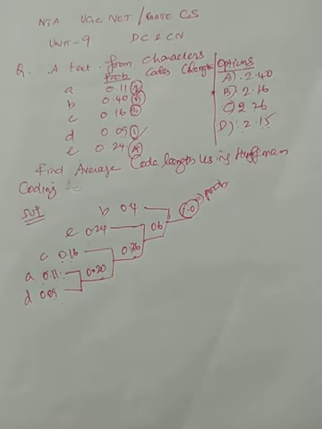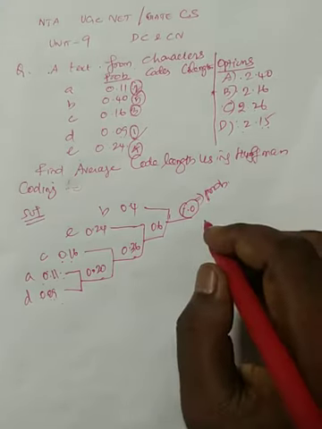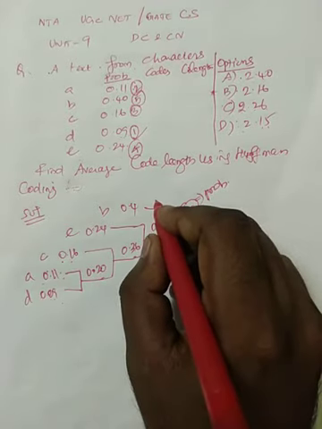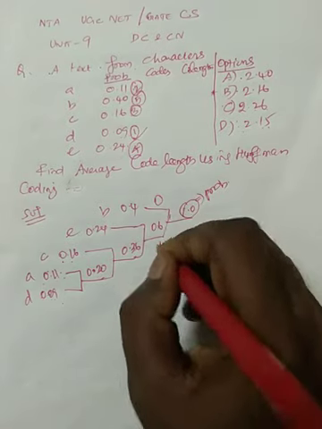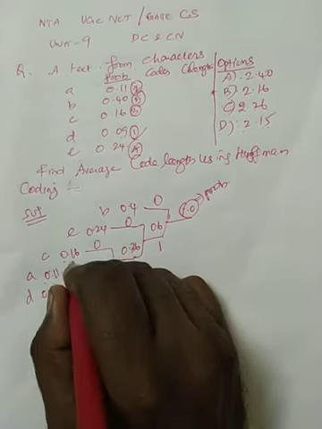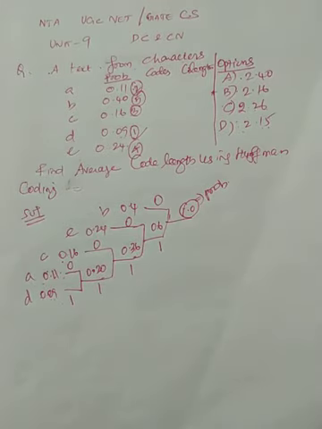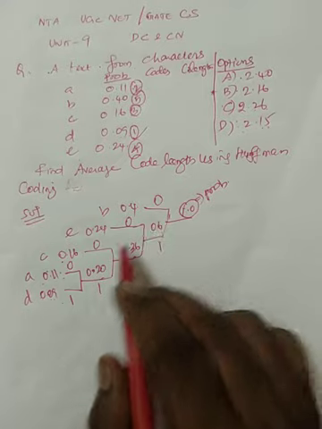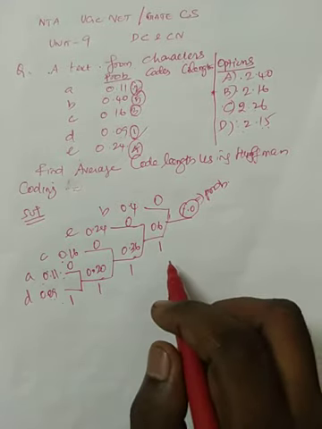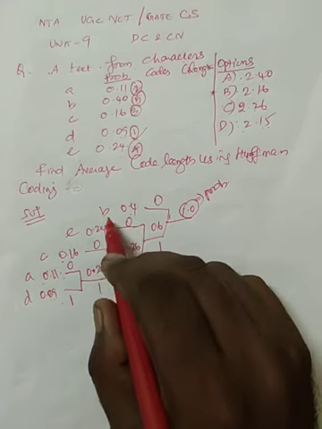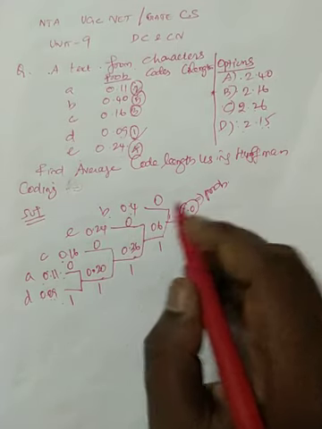After getting the final probability, you represent the code from here as 0 1, like that, 0 1, like that, 0 1, like that, 0 1. Now we have the binary codes. Suppose I want to send B as a letter, what is the code?